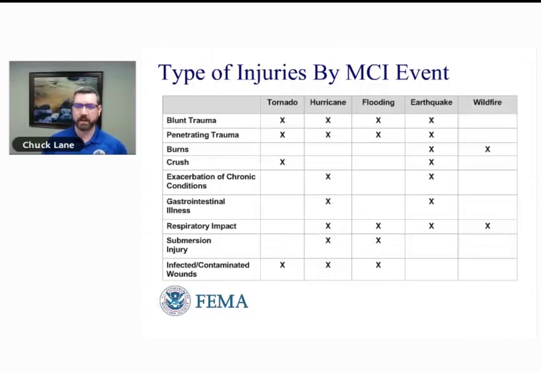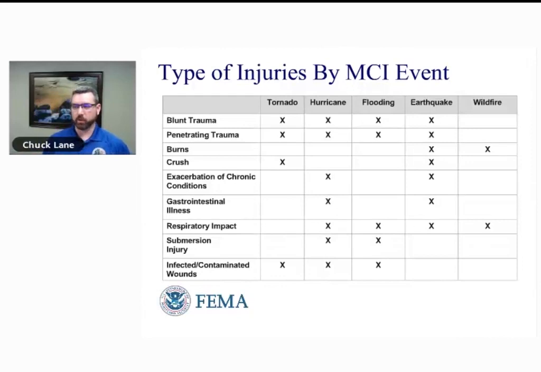Maybe there's not access to clean water, so there's sanitation issues, sewage issues. You can have vector-borne diseases, staph, E. coli, all these different things that pop up from this and that can cause gastrointestinal illness. So you may see a rise in that when you're treating patients in the days after a natural disaster.